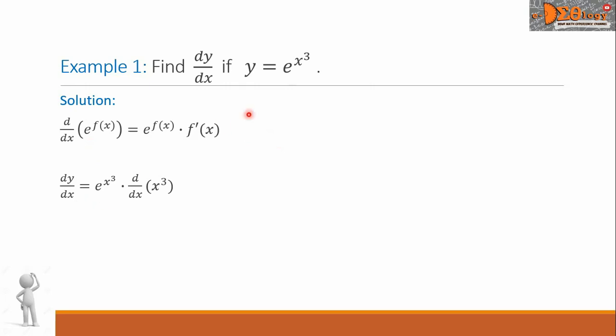First, we copy the function itself, e raised to x cubed, times d over dx of x cubed. Simplifying the derivative here, we have 3x squared. Rewriting the derivative in such a way that the constant is in front, our final answer is 3x squared e raised to x cubed.